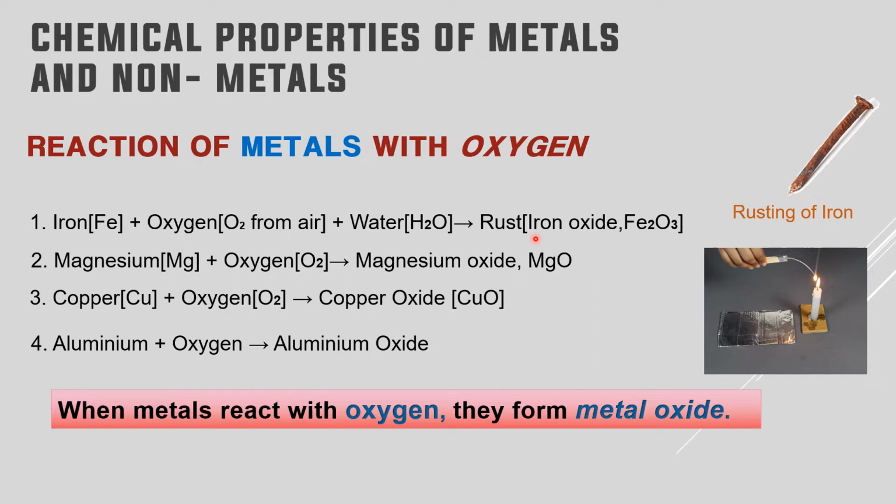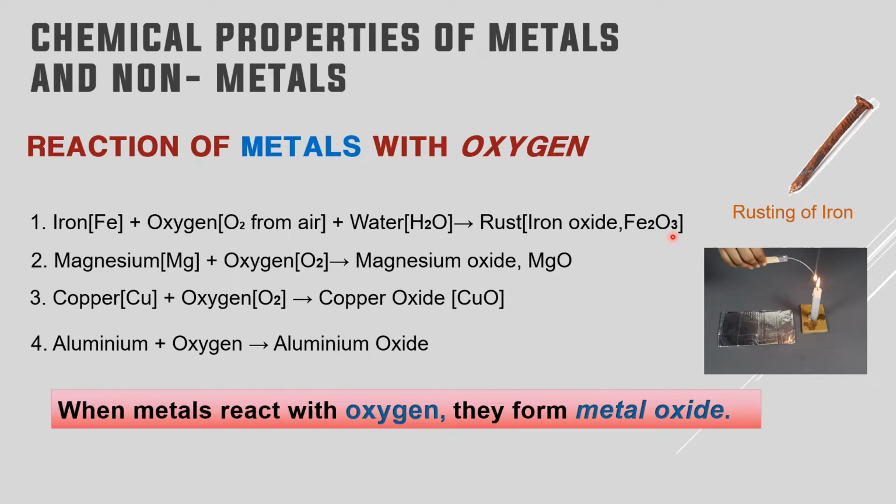I'll give the chemical formula also. Iron we represent by the letters Fe, plus oxygen, O2, from air, and water, H2O, with H and O capital letters, to form rust. Chemically rust is iron oxide, Fe2O3.